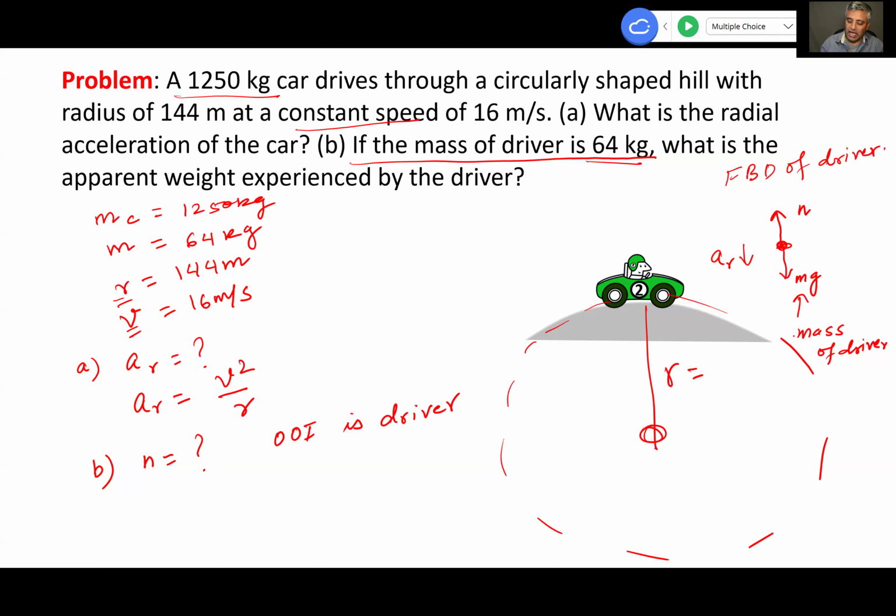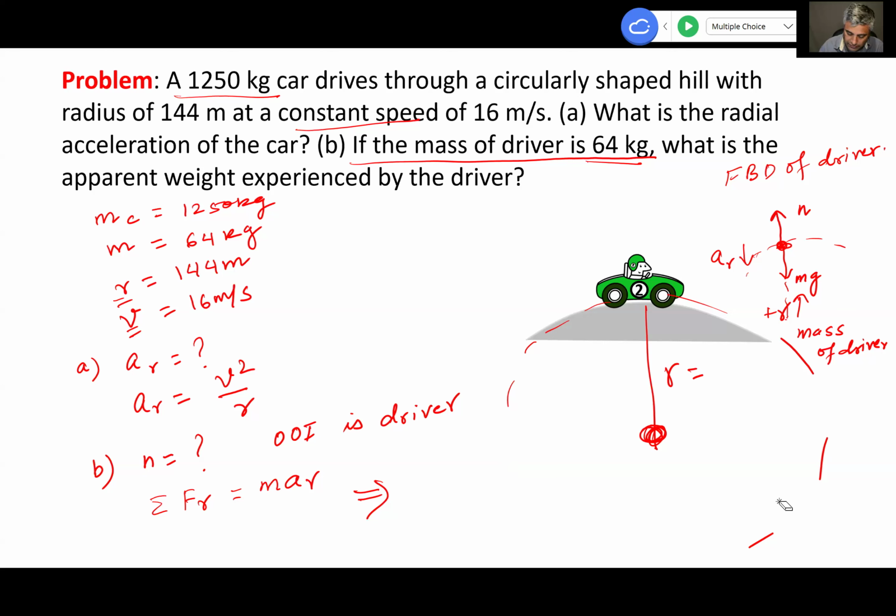So now see how this problem is very similar to what we've been doing, okay? We can write Newton's law in the radial direction. Since the center is towards the bottom here, we can choose down as positive. Sum of forces, there are two forces. Down positive means normal is up. Let me write it here.